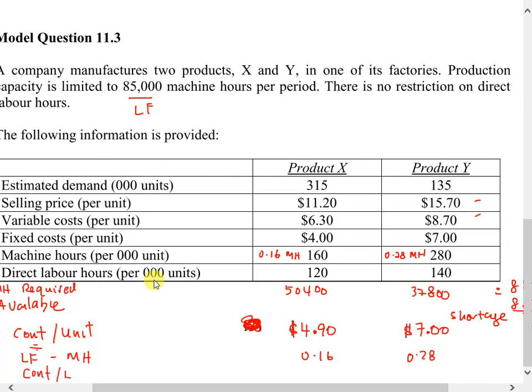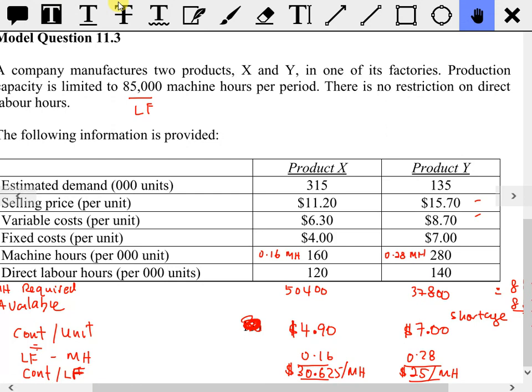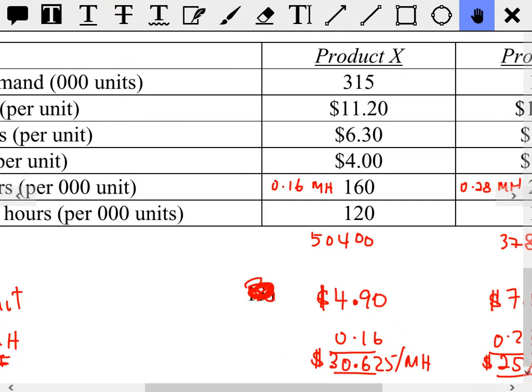Contribution per machine hour, limiting factor: 30.625 for X and 25 for Y. So our ranking will be 1 and 2.